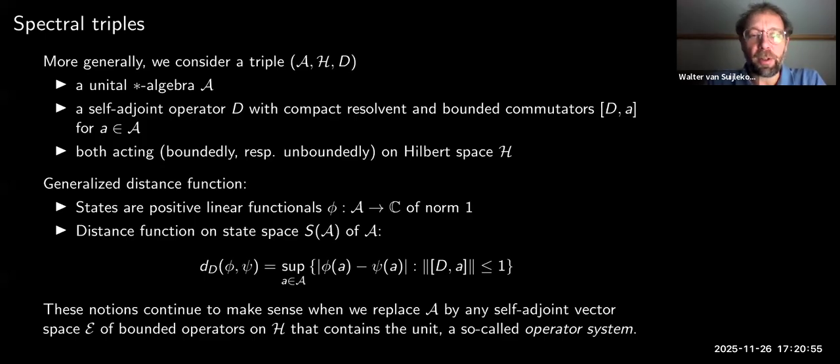So that can actually be done also on a so-called operator system, which is defined in this concrete situation as a self-adjoint vector space consisting of bounded operators. So it's closed under the star, and one may also desire it to be closed as a subspace, but that's not necessary. That's just a point to make, which we'll of course exploit in a moment.